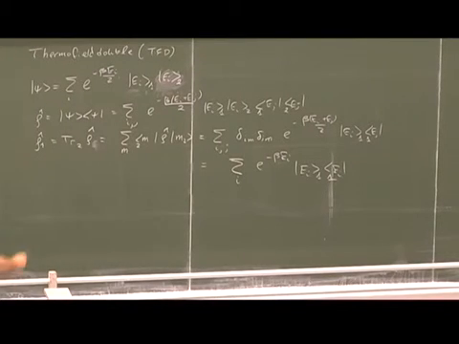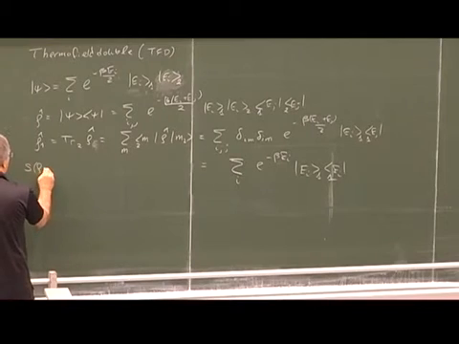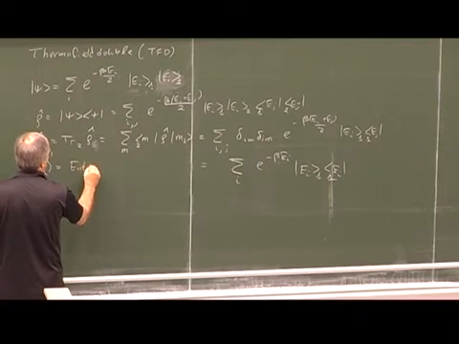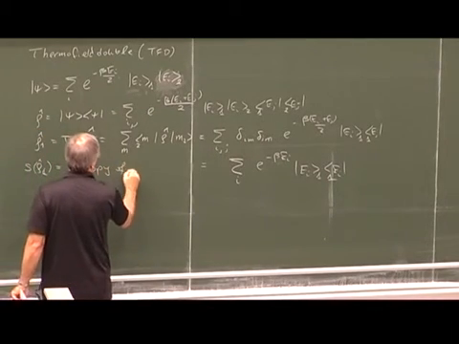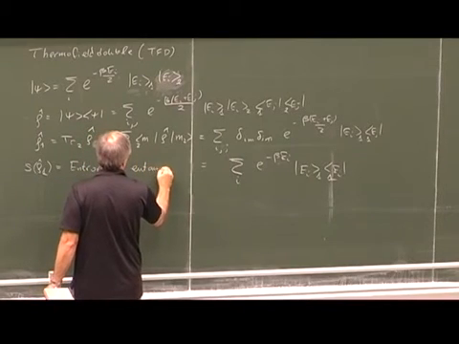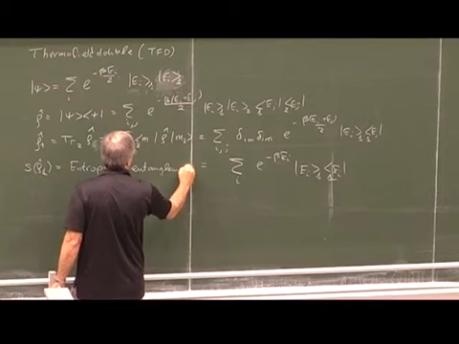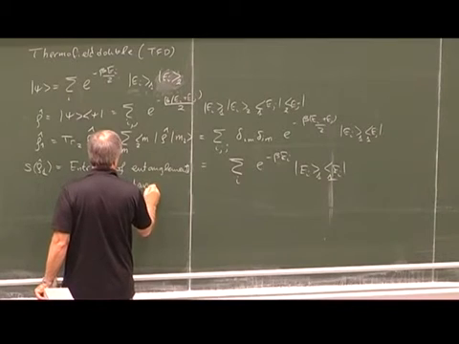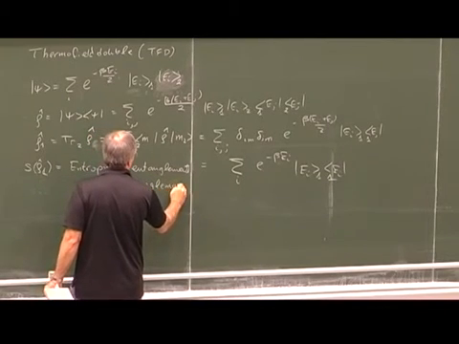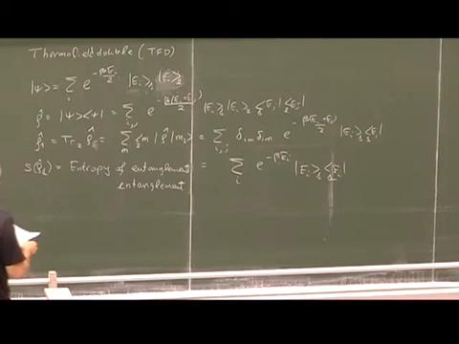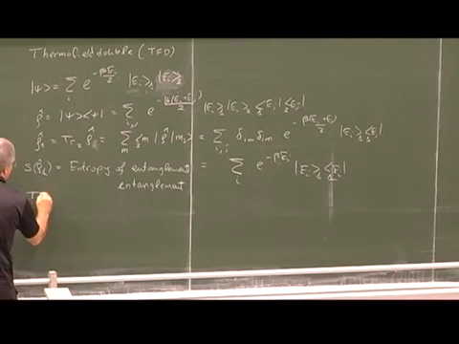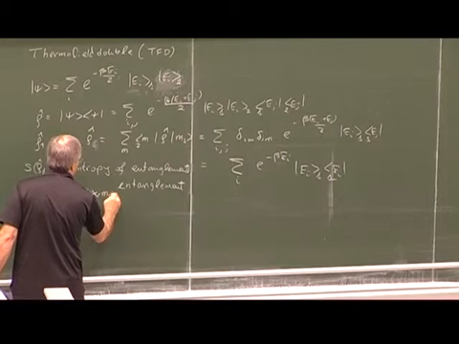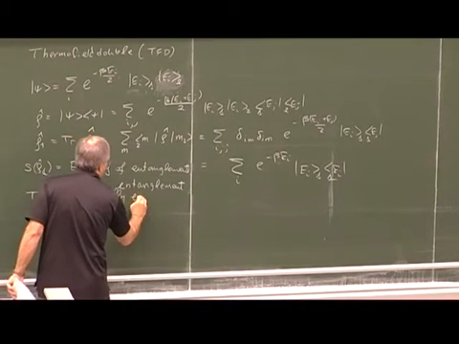Now, if we calculate in general S of rho 1, this is called the entropy of entanglement, or sometimes it's just called entanglement. And we see in this case that if we have a TFD, then it's maximally entangled.